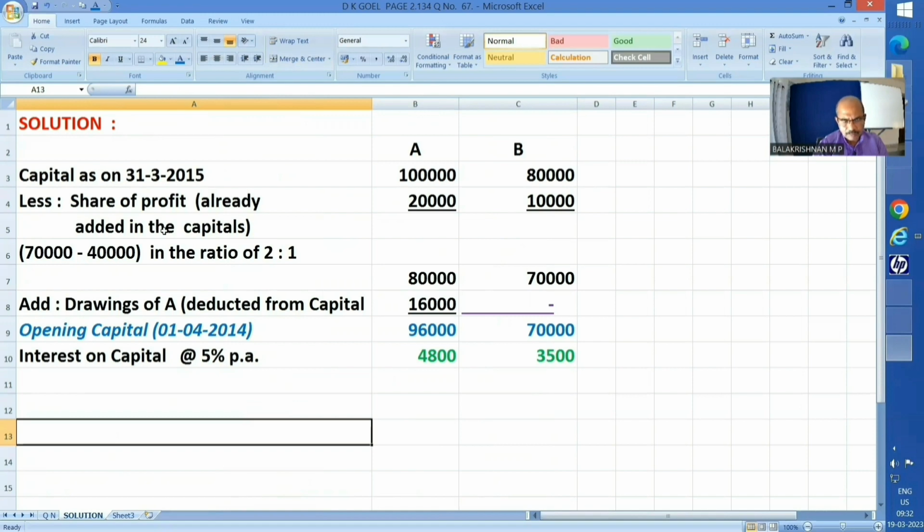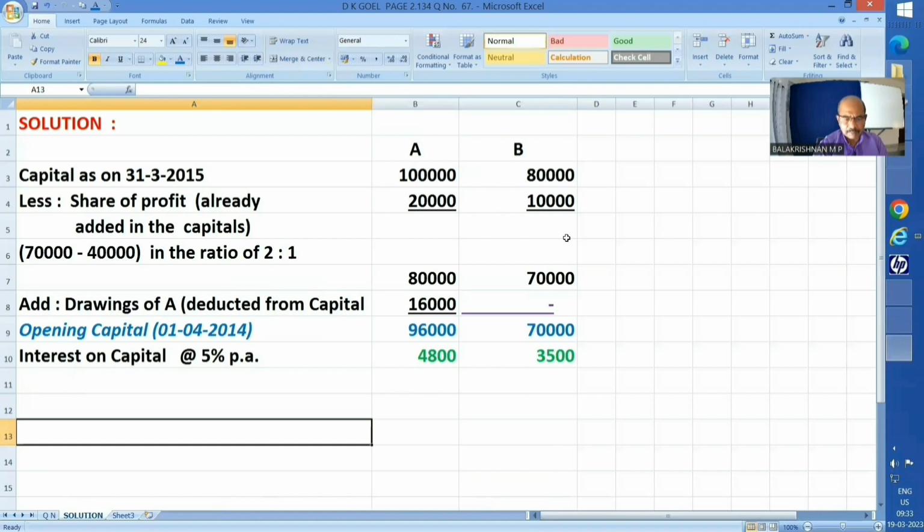As usual, we will deduct only, na? If you are basing on the closing capital, in arriving at the opening capital, whatever profit is distributed, we have to deduct. So 30,000 has to be deducted. These are simple things, but likely to make mistakes.